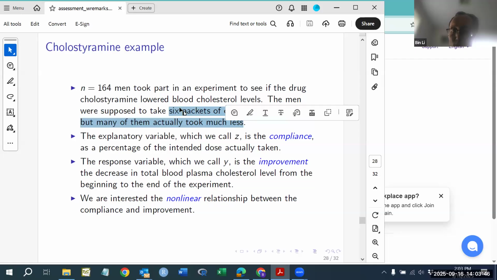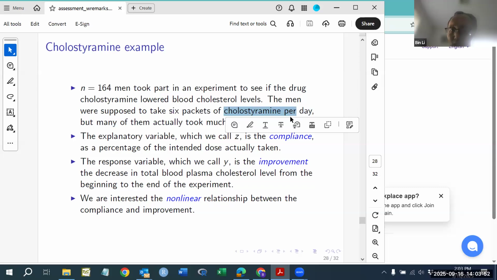Why? Because the medication doesn't taste good for the kids, and also the size is quite large, so it's not easy to swallow. That's why after the study, they found that the compliance rate is actually quite low.